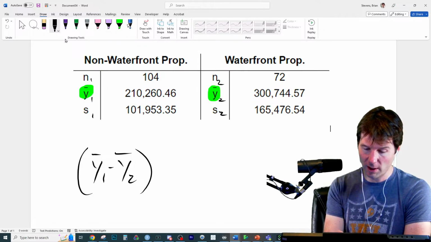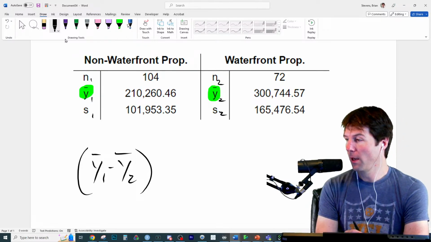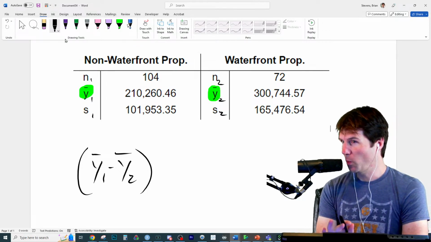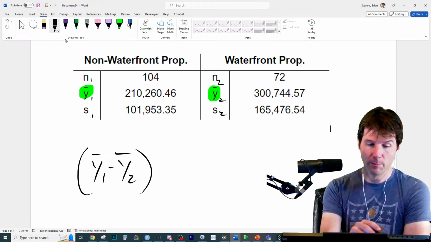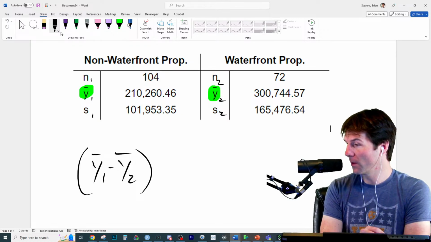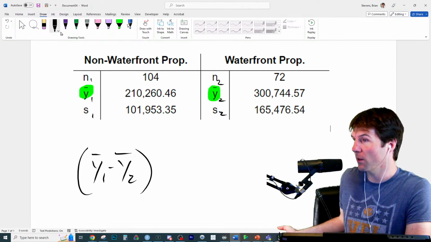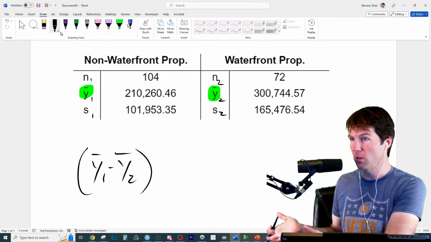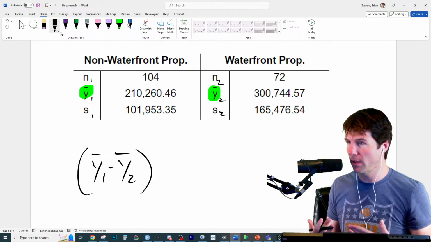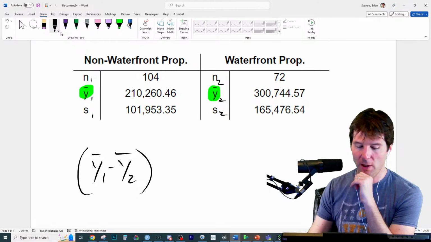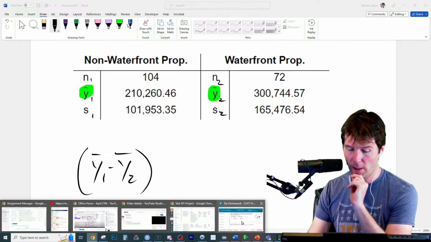And I got to make sure I subtract them the right way. So that's just the what. Like, what does this mean right here? Sample mean 1 minus sample mean 2. So that's just the difference, right? Like, what is the difference? Like, first, let's find what the difference is. How much higher or lower is one than the other? And right now, this interval will turn out negative, and I feel like they do want a positive.